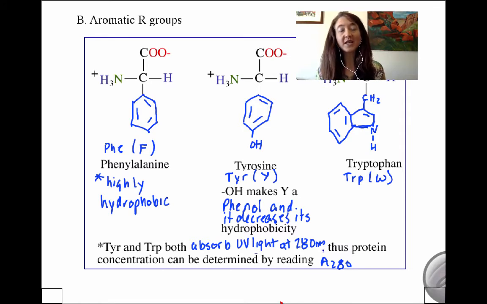You can look to A280 readings, using a UV spectrophotometer that will measure light absorbance and will therefore tell you how concentrated your protein is in solution based upon the concentrations of tyrosine and tryptophan, because they absorb UV light at 280 nanometers. So this is a fantastic applied way to see how tyrosine and tryptophan are going to be pragmatically used in the lab to tell us how high our protein is in concentration.